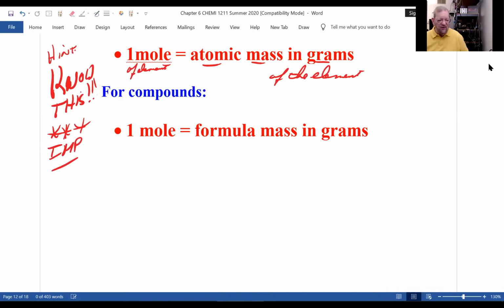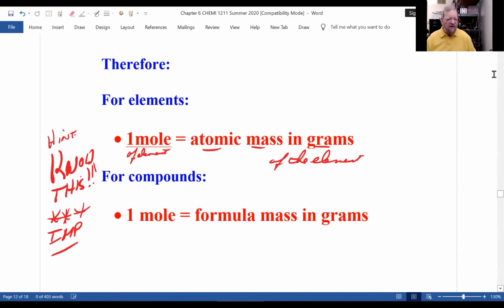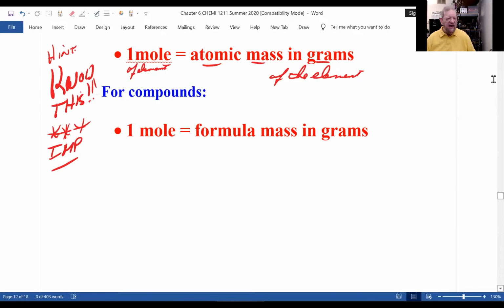And you know, when I was in college, I knew I better know this stuff for the test. So for elements, 1 mole of an element equals the atomic mass in grams of the element. And for compounds, 1 mole of a compound equals the formula mass in grams.